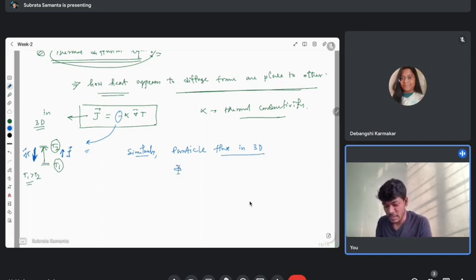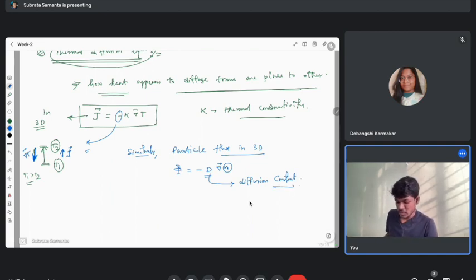Now we consider the particle flux, and it has a similar equation: minus D grad n. Heat flux is driven by temperature, particle flux is driven by the number of particles n, right? This D is the diffusion constant. So look at the mathematical similarity of these two equations.